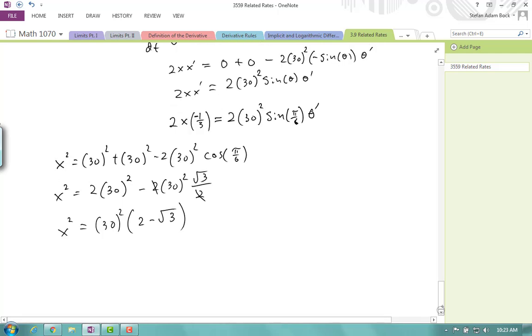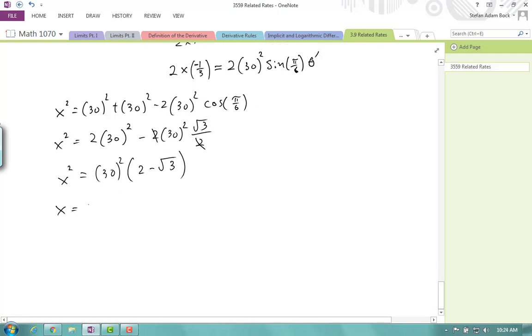That leaves me with an x equal to the square root. I have a positive or a negative here, but I'm just going to toss the negative because that's silly. I don't want to have a negative rope length. 30 squared times 2 minus root 3, or I'll have 30 times the square root of 2 minus root 3. It's always a good day when you have a square root inside of a square root.